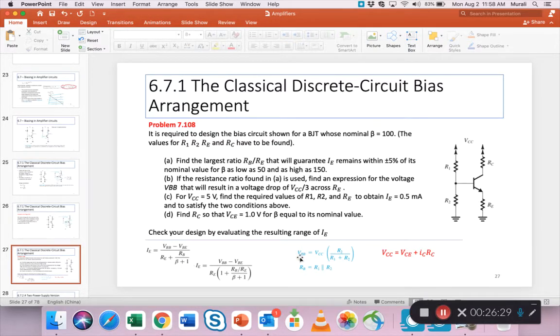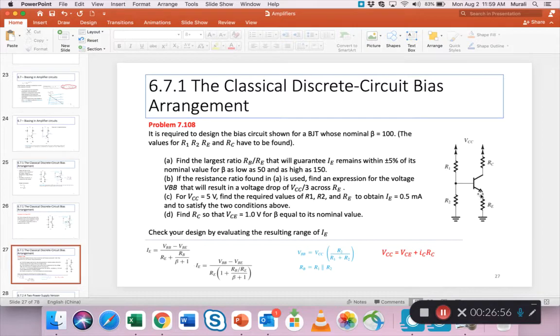There's also another formula to find VBB, which is the voltage here, based on VCC, it's this. Now what is RB? We've talked a lot about RB. It's nothing but R1 and R2 in parallel. Lastly, here's another important KVL on this circuit: VCC is VCE plus IC RC.